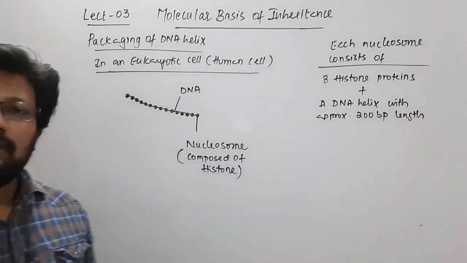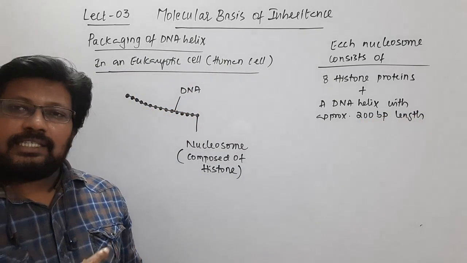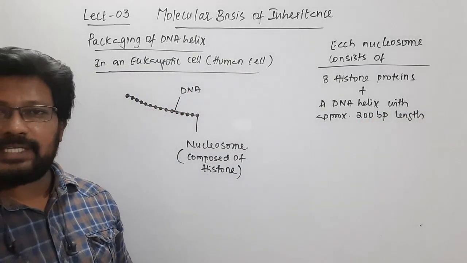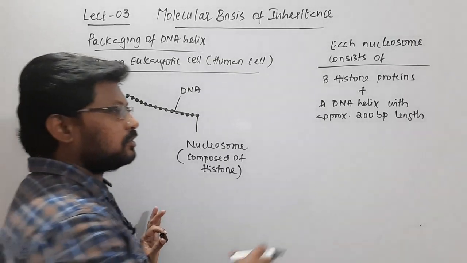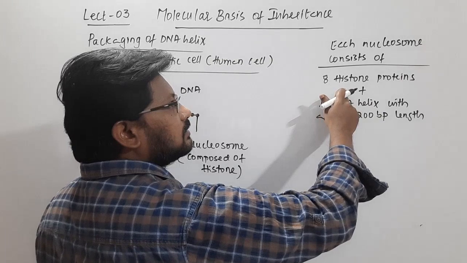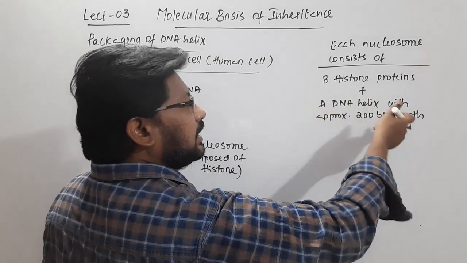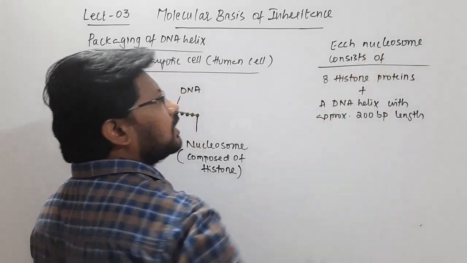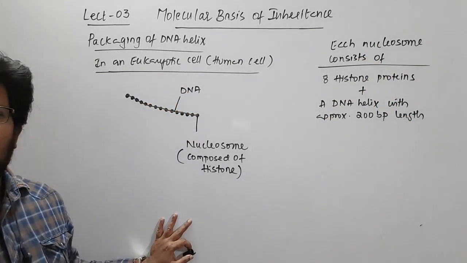So around this nucleosome, the DNA that coils will have 200 base pairs. So 8 histone proteins plus the DNA helix with approximately 200 base pairs length will make up one nucleosome.